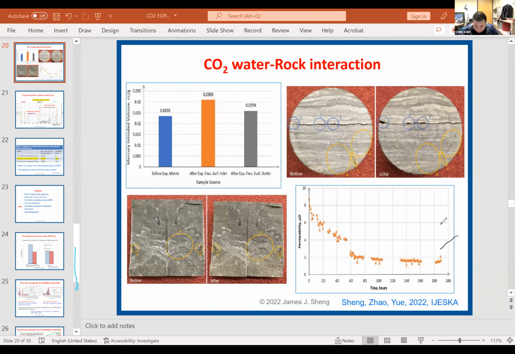Here is a question: Dr. Sheng, have you considered CO2 solubility in water during your simulation models? Yes, this CO2 must have an equation of state and must consider that. Yes, in the GEM module there is a dedicated equation to account for CO2 solubility in water, so our numerical simulation definitely considers it. I think that's okay right now.